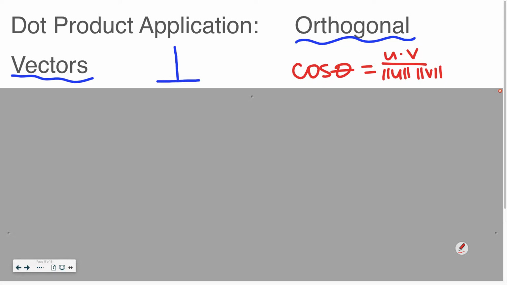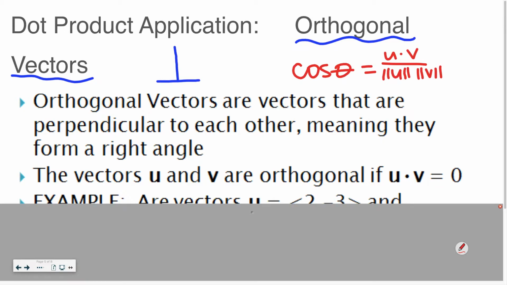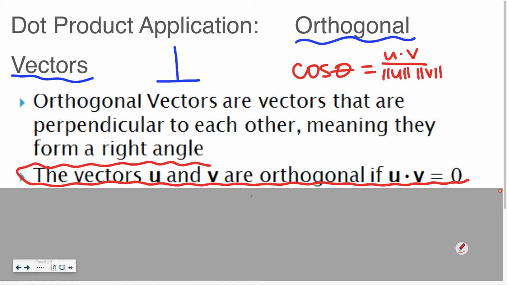If the numerator is 0, the whole fraction is 0. So if our dot product is 0, then u and v are orthogonal vectors.